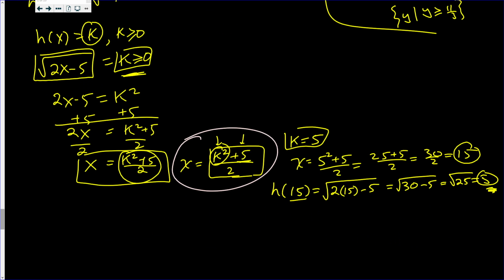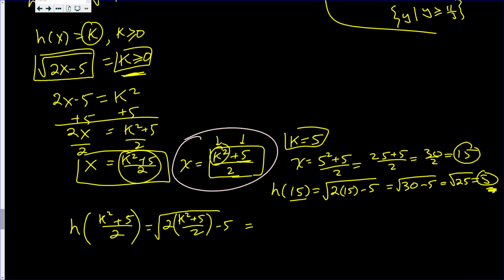I mean, basically, what is h of this? Now, k is just some positive value, okay? Well, the rule says whatever is in the brackets, I multiply by 2 and I take away 5, and I compute the square root of it. Well, the 2's are going to cancel. So I have k squared plus 5 minus 5.